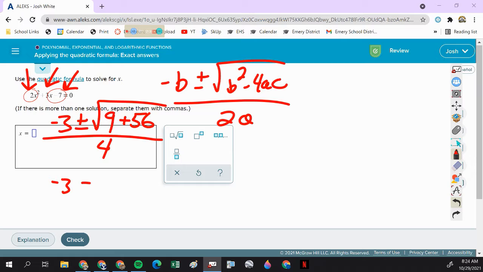So negative 3 plus or minus the square root of 65 over 4. What goes into 65? 5 and 13. Can I take anything out? No. So that's actually as far as it goes.